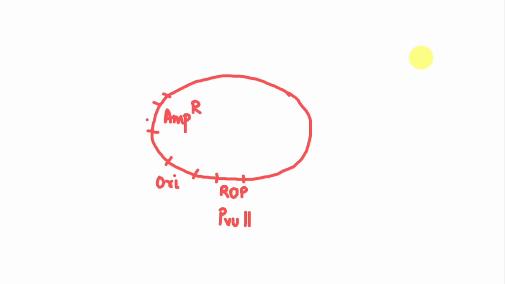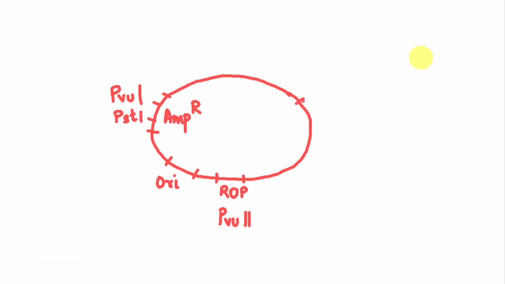And the two restriction sites are, first one, PvuI, and the other one is Providencia stuartii 1, PstI.